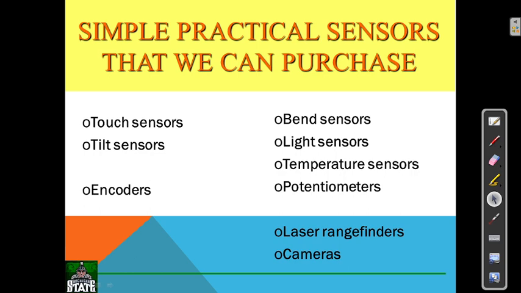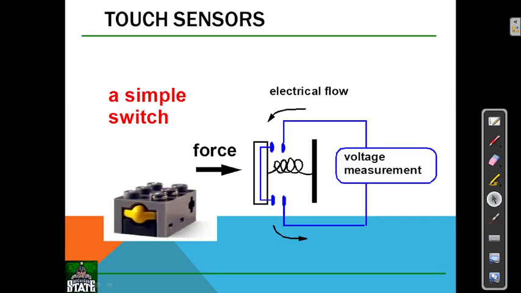The simple, practical sensors that we can purchase include the touch sensor. We will learn about the touch sensor and tilt sensor, encoders, bend sensor, light sensor, temperature sensor, potentiometers, laser rangefinders, and also cameras.